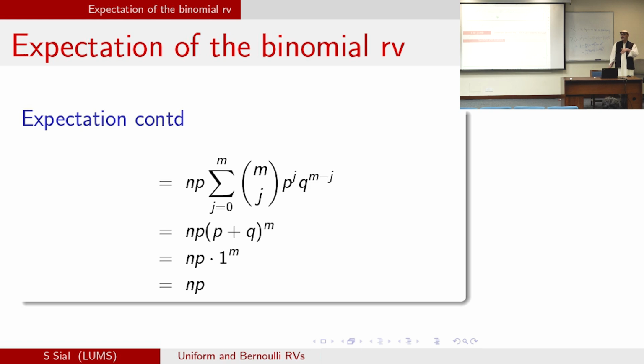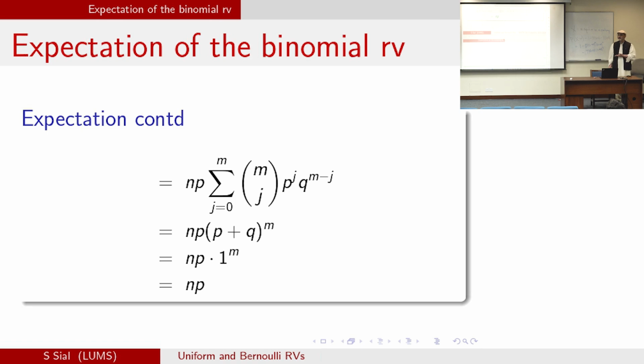So if you have n trials and the probability of a success is p, say 10 trials and the probability of a success is 0.3, then you expect to have 3 successes.